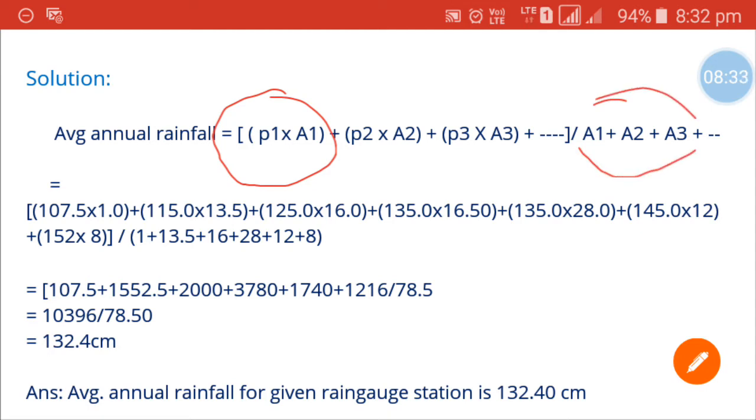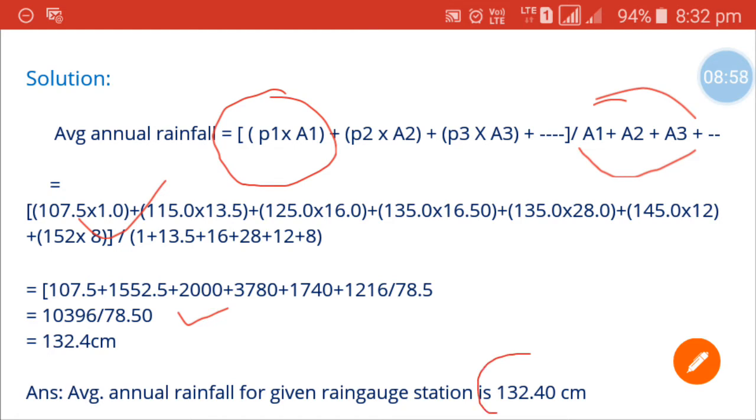In this step, this calculation is shown. All the values have been placed in the formula, and after calculation we get the total equal to 10396 divided by the total of the area, that is 78.50 square kilometer.